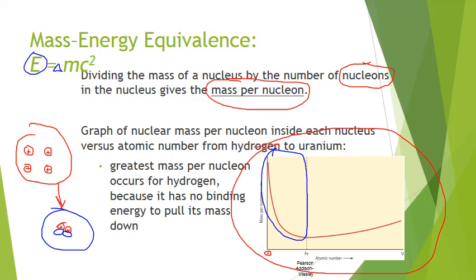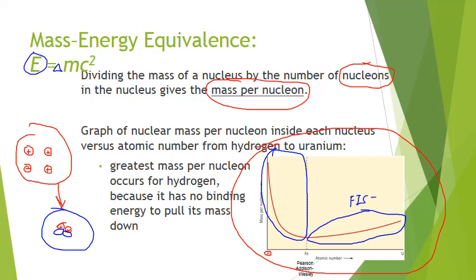Over on this side, these more massive things, notice that it wouldn't make a whole lot of sense to fuse these elements, because it would take more energy to make that reaction happen than the reaction creates. So these are all fissionable elements. These ones make more sense to tear apart.